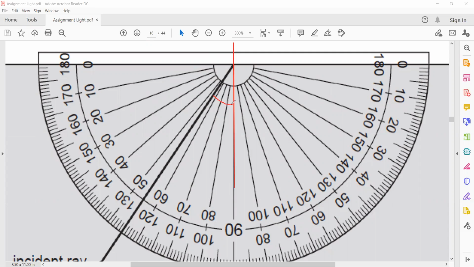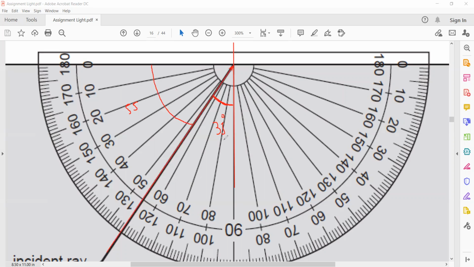We need this angle. So what is this angle? How can you find it? Look, the ray which is coming, this one is the incident ray. From 0 to this point is 55. So from 55 to 90, that's 35.